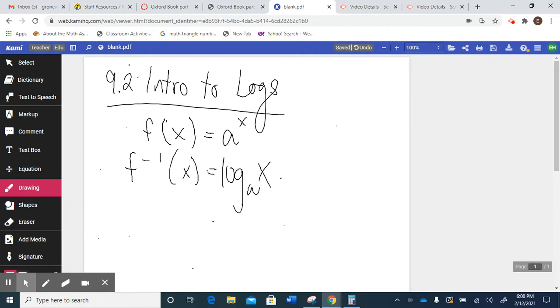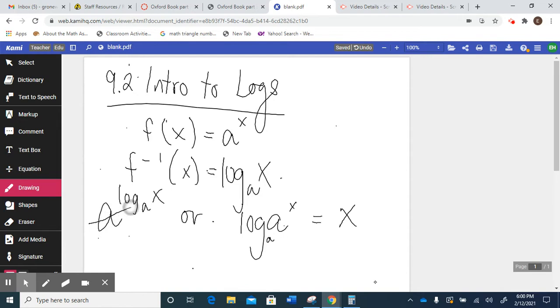So if I was to take a log base a of a to the x, basically what happens there is you're left with only the x power.